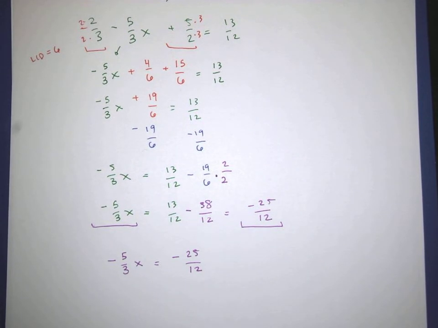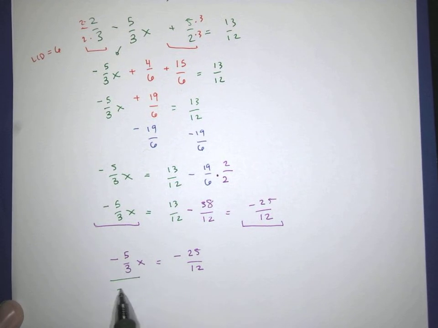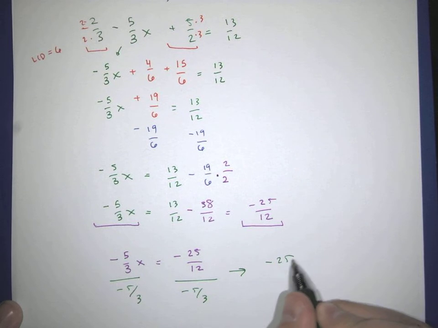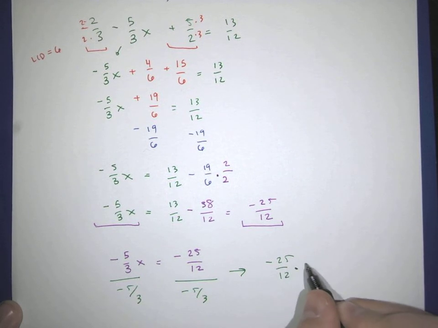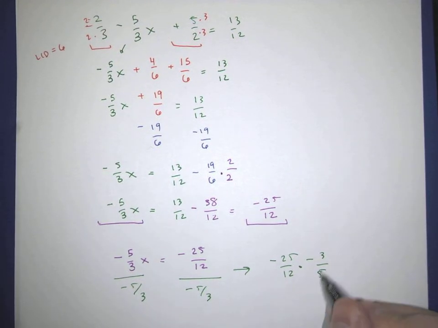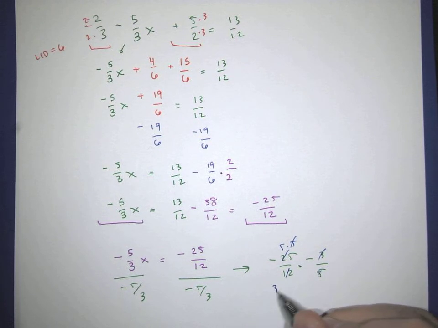One thing that will happen here: it's a negative times x equals a negative number, so the x here is actually going to be positive. This would be division by negative 5/3. So this becomes negative 25/12 times negative 3/5. Oh, this is actually going to clean up pretty good. 5 goes out, 5 times 5. 3 goes out.